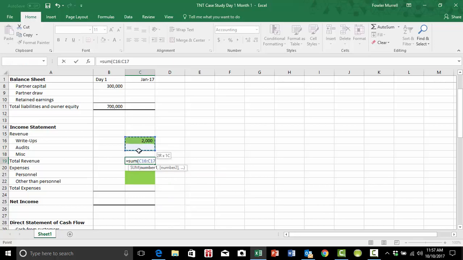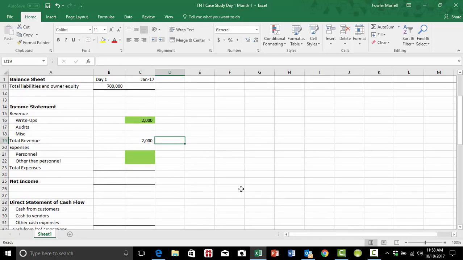Whatever these items are, they will be part of the sum. Okay, now we had expenses in the first month. Personnel. We had the 2 accountants and the secretary, and we show expenses as negatives and we show revenue as positive.